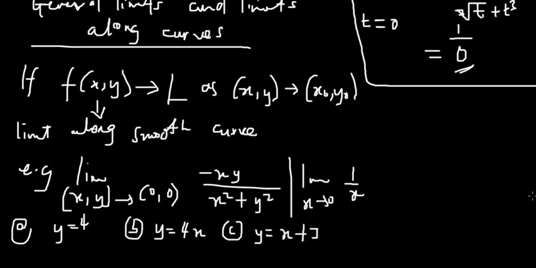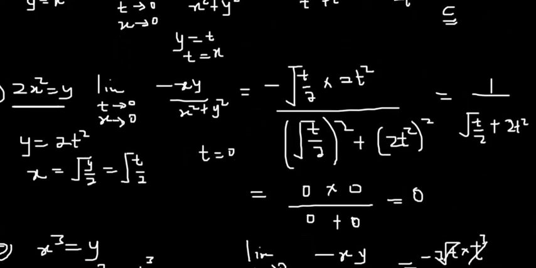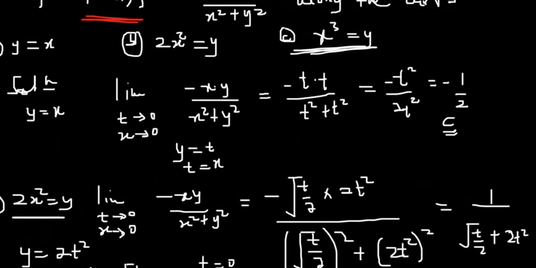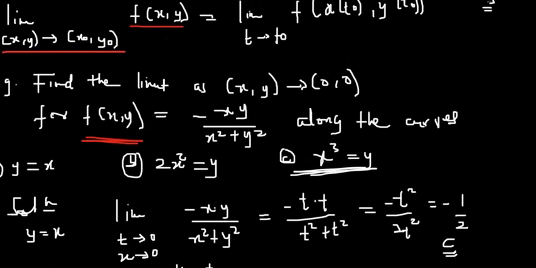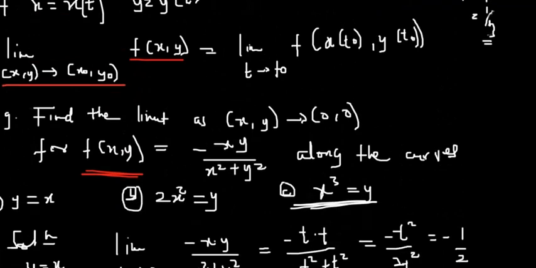So from here you can notice that this is quite different from what we initially calculated. We were given y equals x, y equals 2x squared, and y equals x cubed, and then we were told to find the limit as x, y approaching 0, 0 for this function.